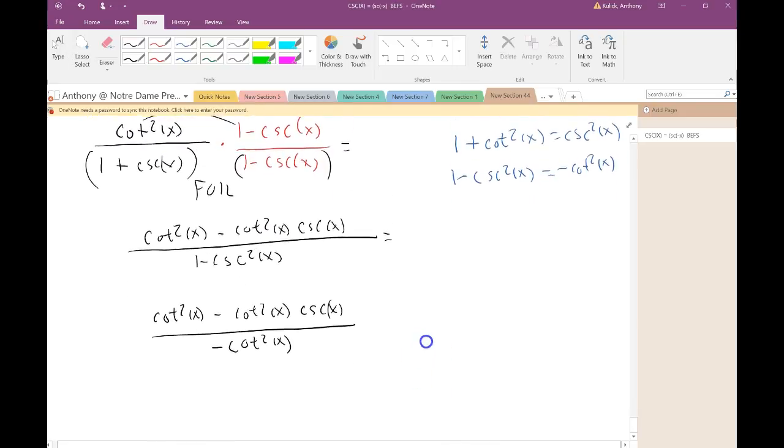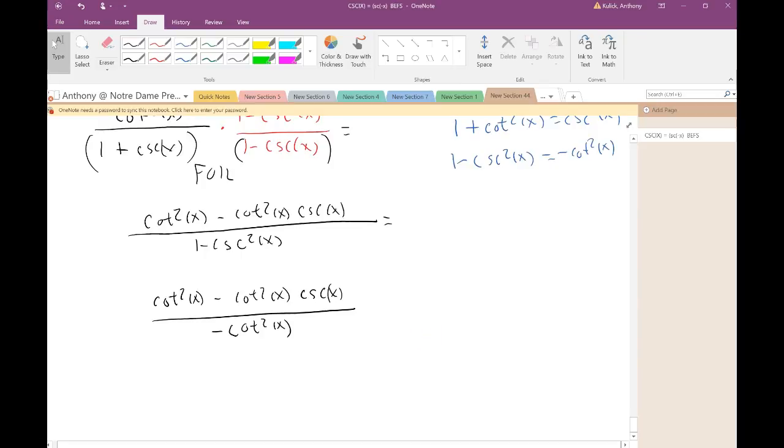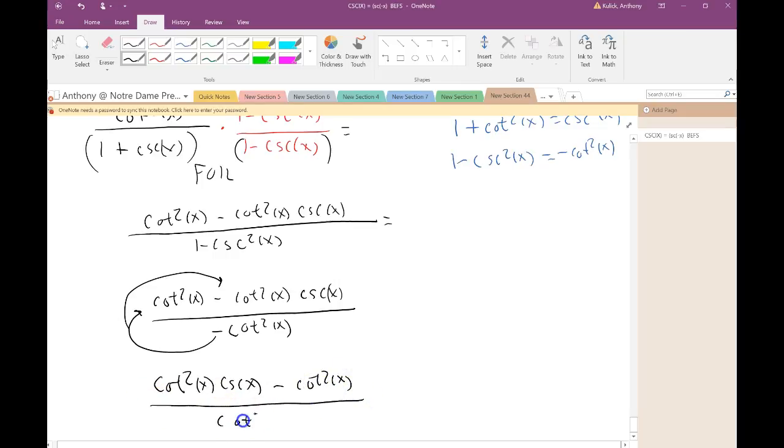And I guess, what can you notice now? Well, what I'm going to do is think about pushing this negative sign up into the numerator. So everything in the numerator now switches signs. Is everybody okay with that?